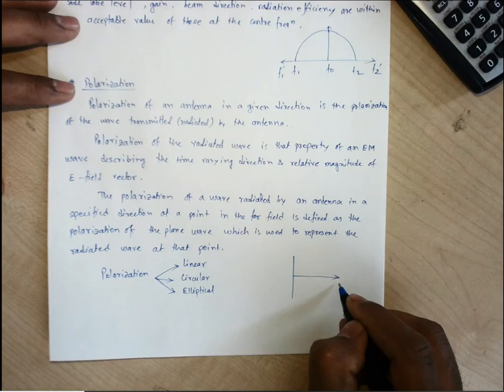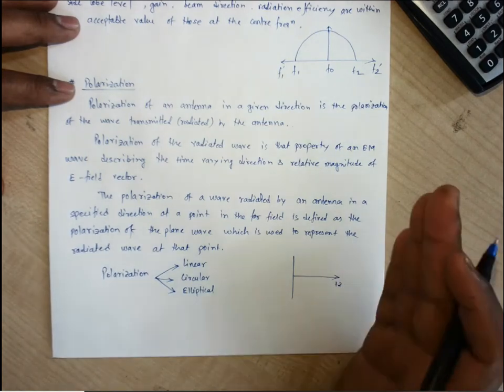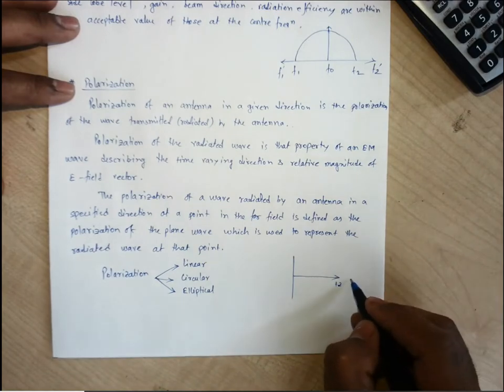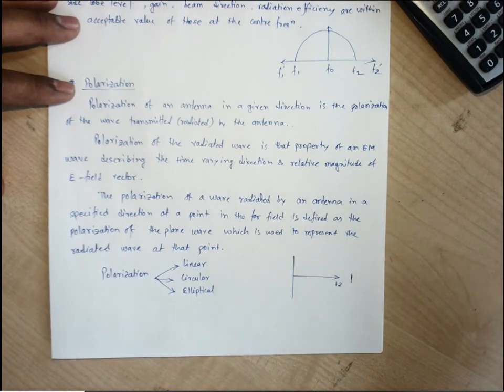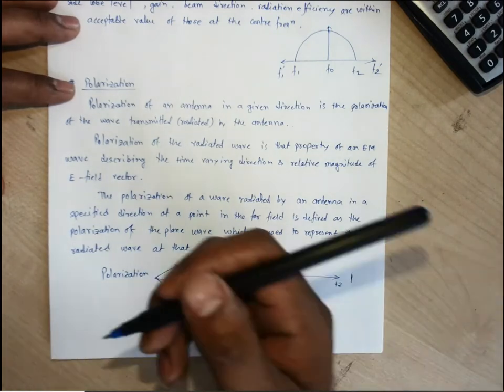So let us consider a wave which has been propagating along plus z. To know the polarization, we need to stand at this point and observe that for us the wave is propagating in the opposite direction. It is coming towards us.